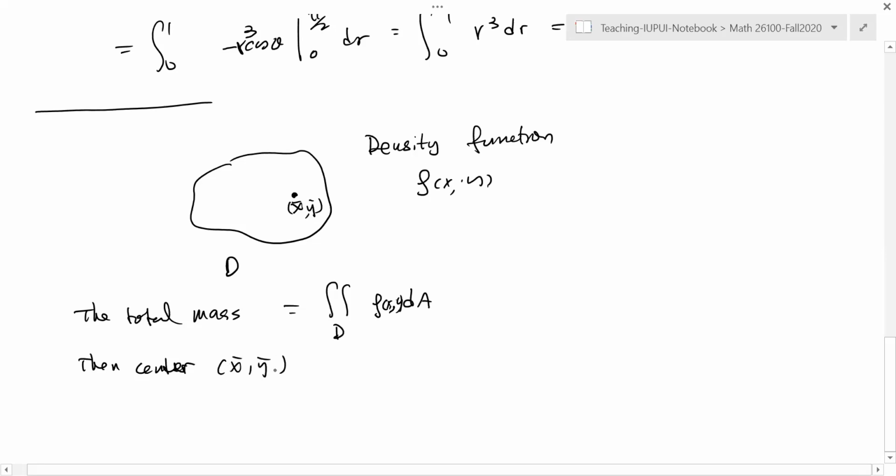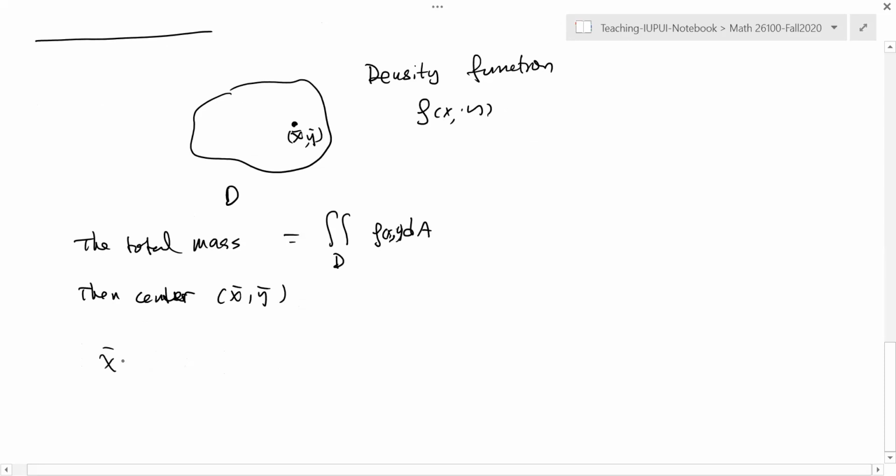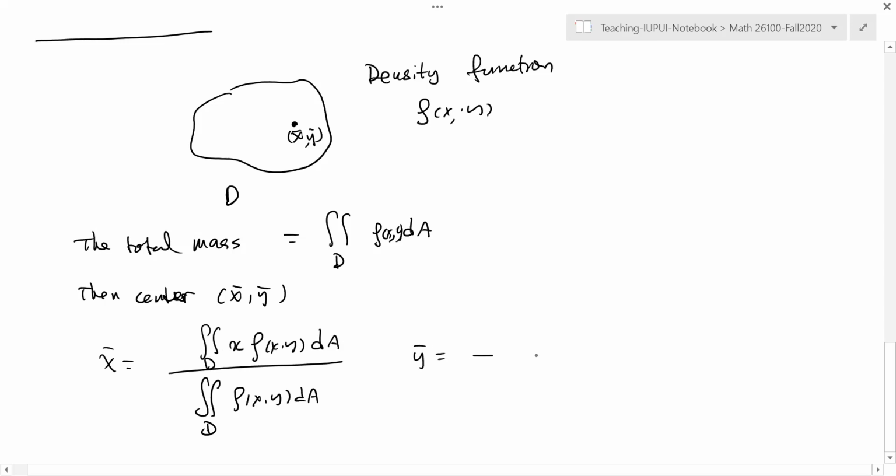So the center has coordinates x and y, given by the integral where this is the total mass, and here is just the integral of x times the density function. And similarly for y.